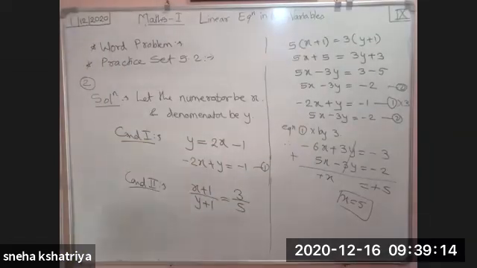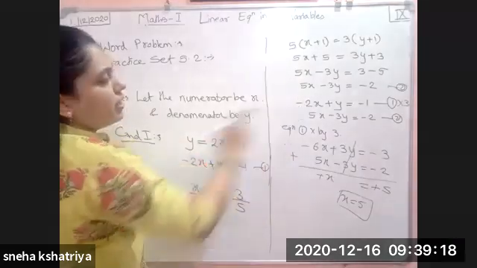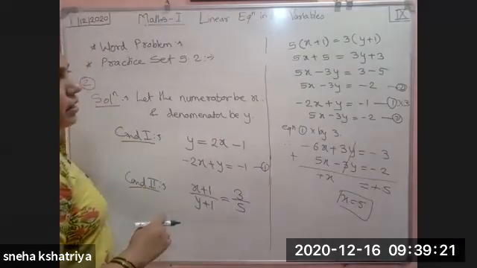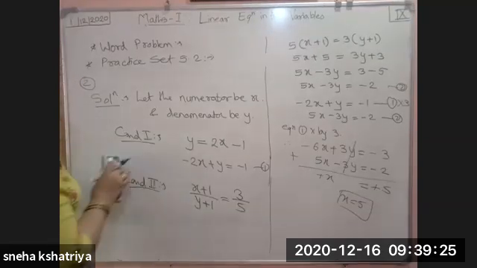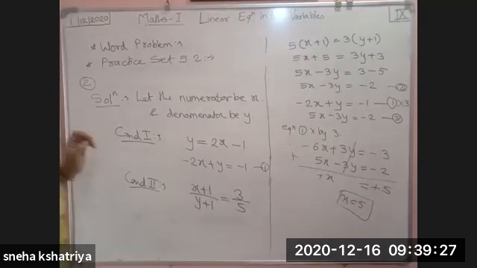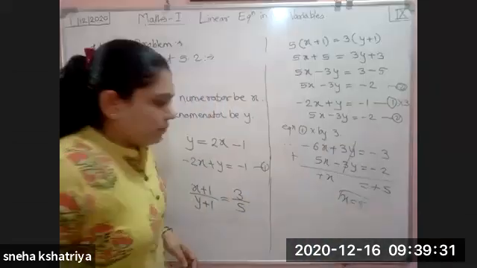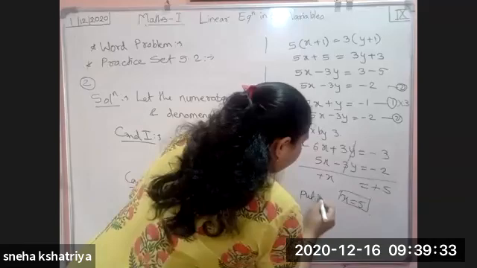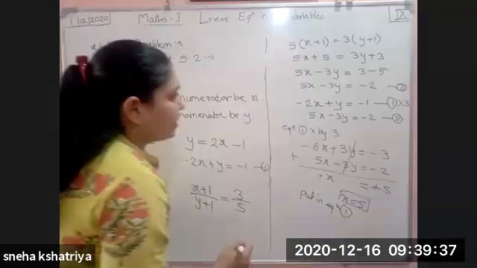Now put the value of x in any one equation. Any one equation you can put, either in equation 1 or in 2. So I guess we will put it in equation 1. So what is equation 1?